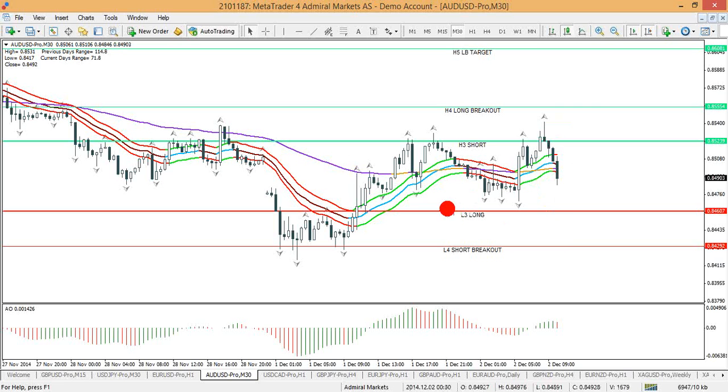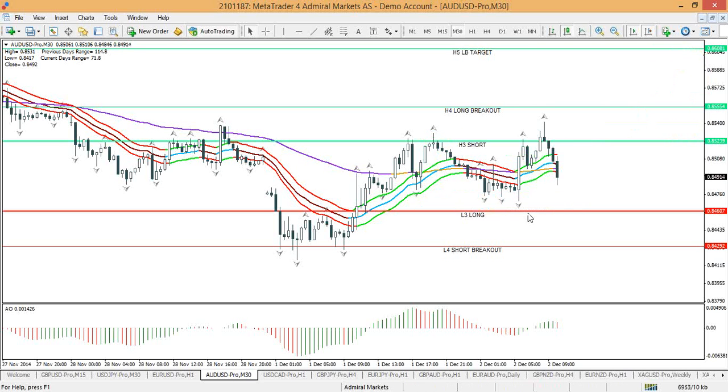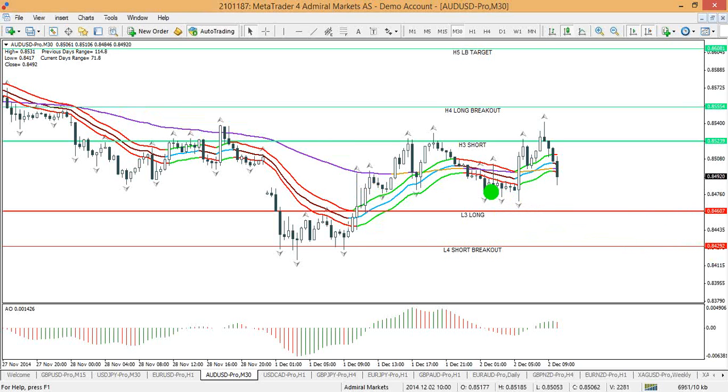So from an intraday perspective, we would need a break above or below this level. If it does break above, once again, more interested in actually the reversal at a higher level than the breakout to the upside. The breakout to the downside could be a bit more interesting because we're in a downtrend, but then price would still have to break through L3, not only the bottom of the engulfing twin.